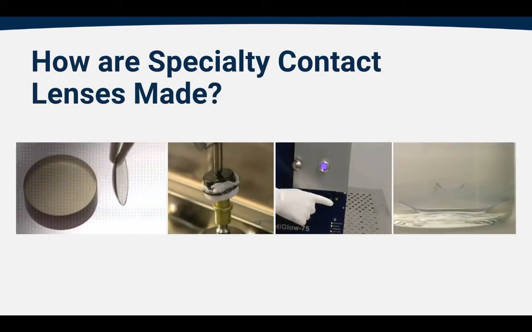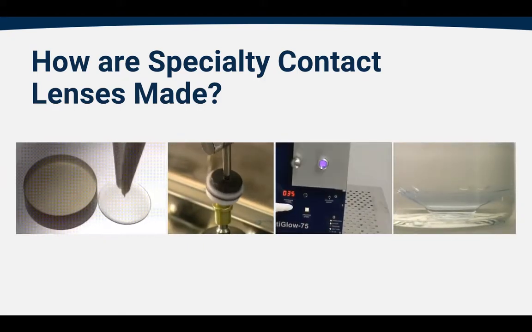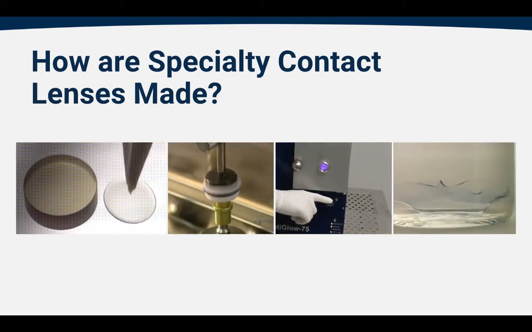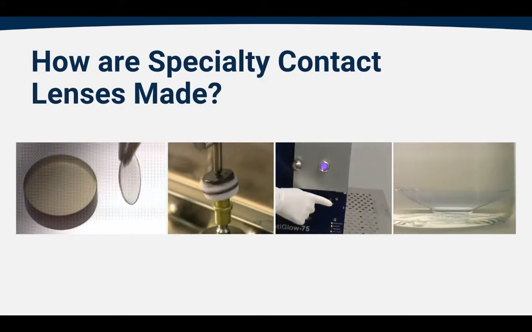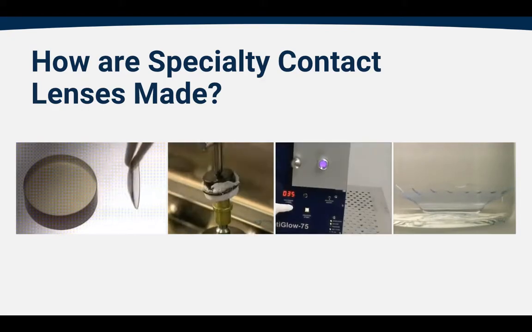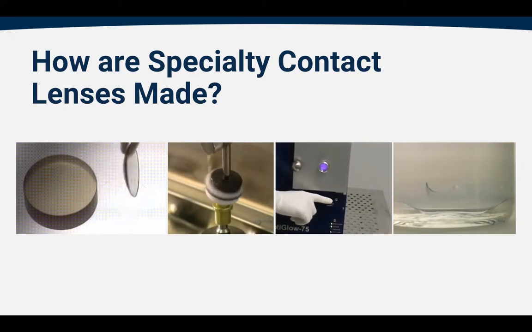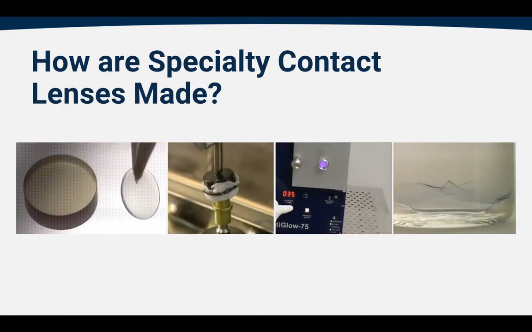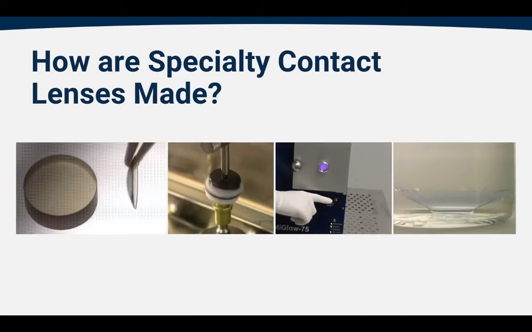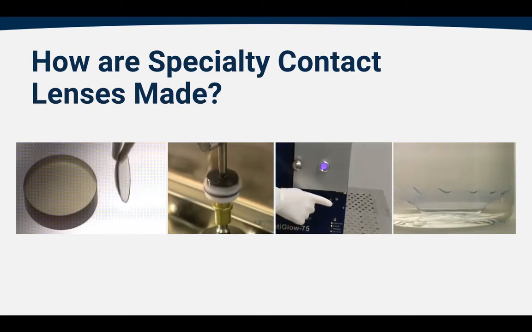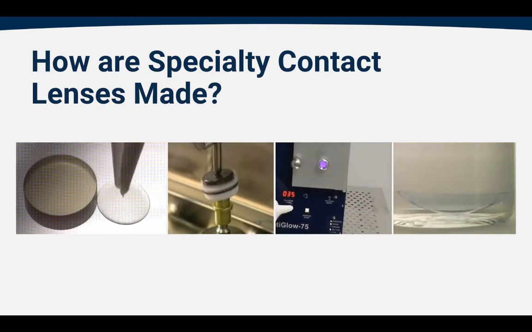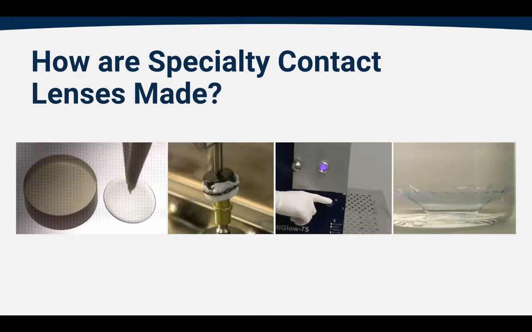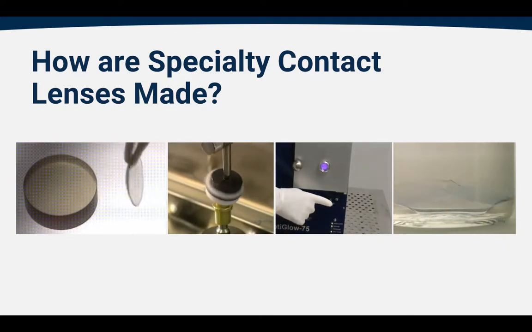Once the entire contact lens shape is achieved, it then undergoes a polishing process like what you're seeing in the center left. That polishing process removes any of the striations that are left by the lathing process and creates a perfect optical surface. After this polishing process is completed, it then undergoes a plasma treatment process.